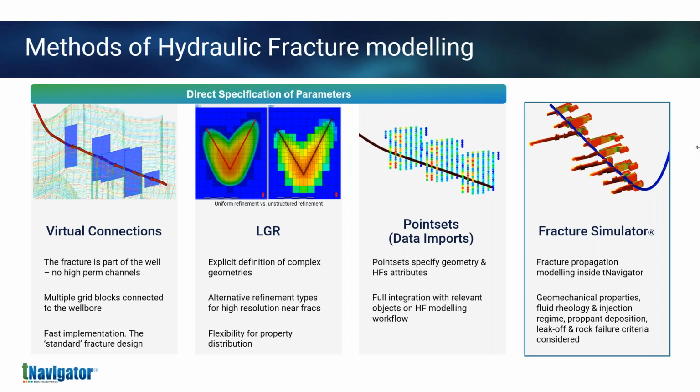This data would include the geomechanical properties, fluid rheology, injection regime, rock failure criteria, and some other. Now I'm going to show you some examples of how hydraulic fractures can be modeled using the virtual connections and LGRs using the fracture tables.